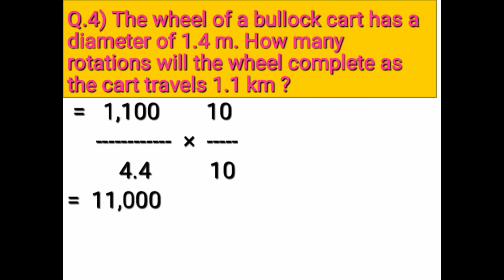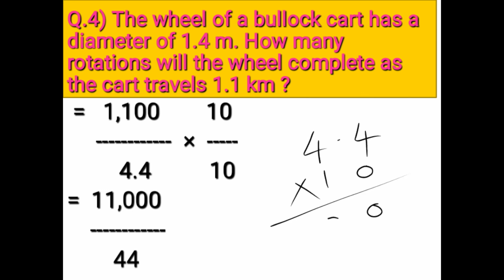So 1100 into 10, the answer is 11,000. 1100 once are 1100, here 1 zero you have to add, so it becomes 11,000. This is simple multiplication. Now 4.4 into 10, do your multiplication. The answer is 44. 4.4 into 10 I am doing here.